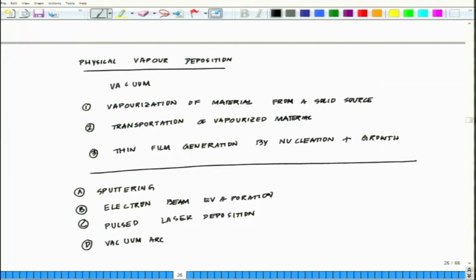As I told you that you can use all these kind of energies, and the plasma of the natural gas, commonly argon, is generated between two electrodes by the collision of electron to the gaseous molecules. Ions present in the plasma are then accelerated towards the target by applying potential between the two electrodes, and these ions with appropriate energy thus hit the target, leading to the ejection of the material from the target.